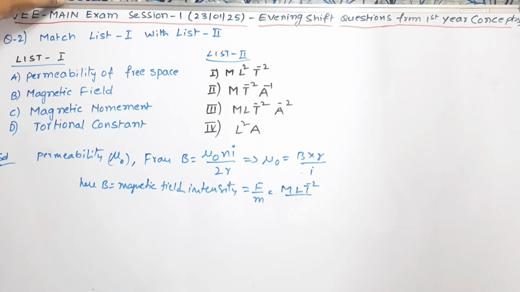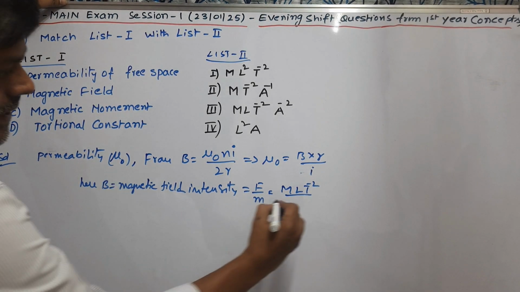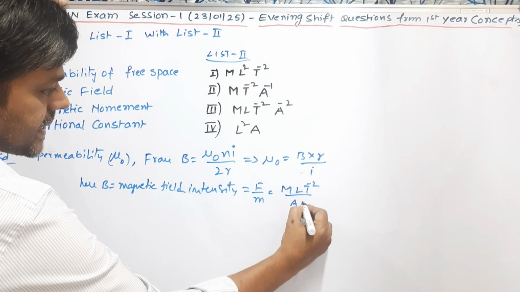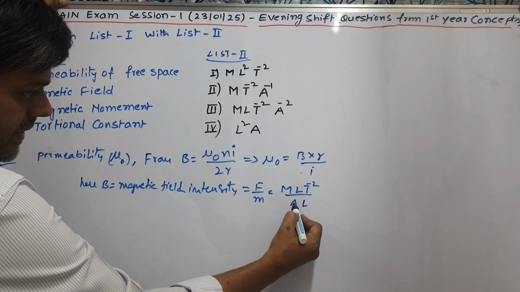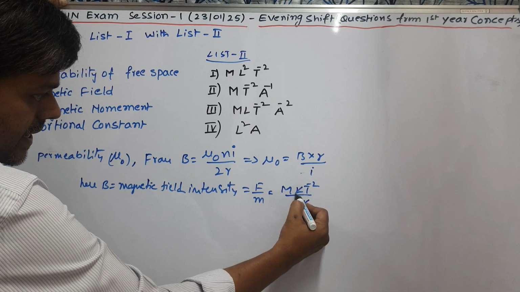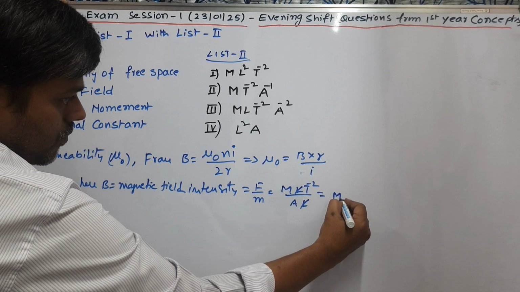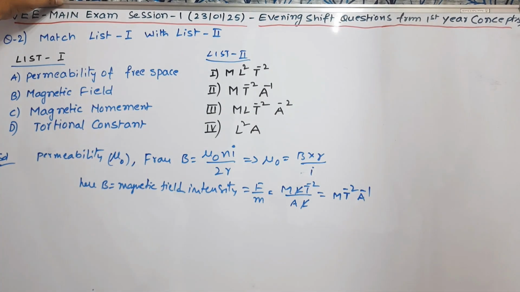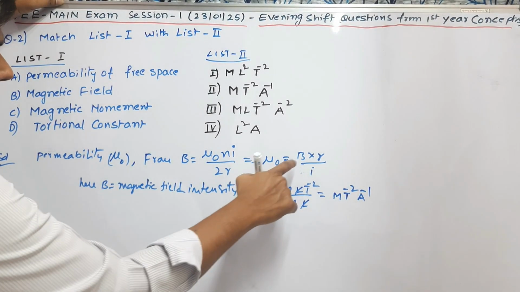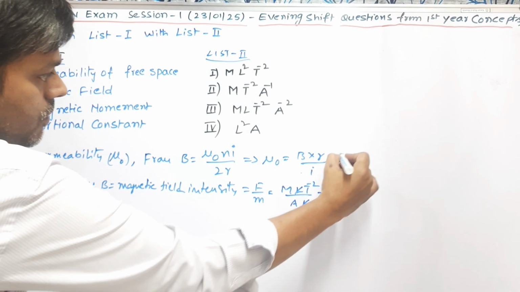M is the magnetic pole strength, which is nothing but ampere meter. Ampere is current A, meter is L, so this L is cancelled. So we get M T power minus 2 A power minus 1. So you may replace B by M T power minus 2 A power minus 1.